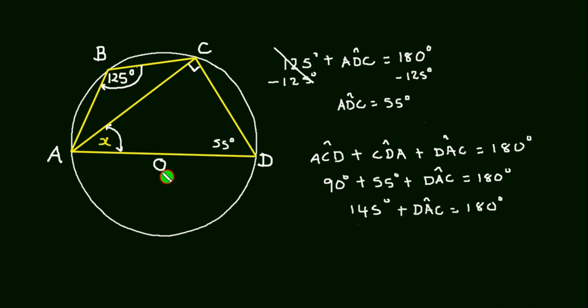So when you say DAC or CAD, angle A is what we need to find, X. In order to get rid of 145, we subtract 145 degrees on both sides of the equation. So the result is DAC or CAD is equal to 35 degrees.